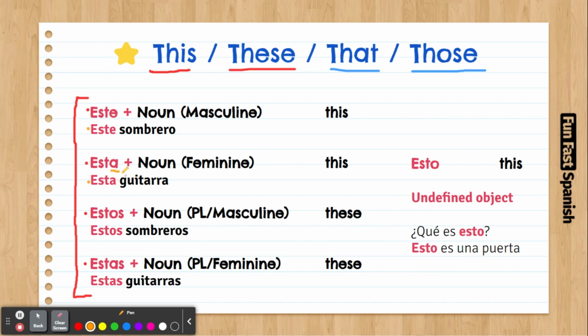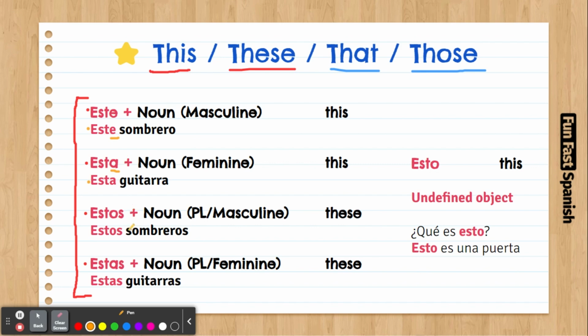Esta guitarra. We use an A here because guitarra is feminine. La guitarra. So that's why we say esta guitarra. Este sombrero. Sombrero is masculine. That's why we say este sombrero. Good. Now let's do the plurals.